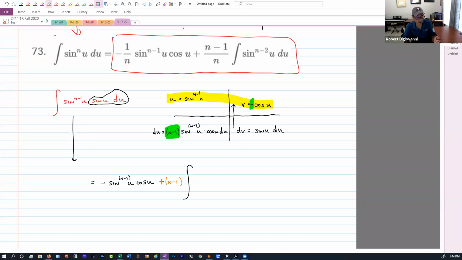Now, the part that's still in the integral is sine to the n minus 2 of u. And then I have cosine times cosine, right? Twice. So cosine squared u du. All right. Any questions?